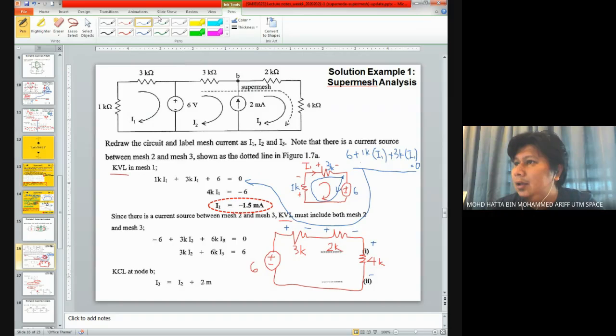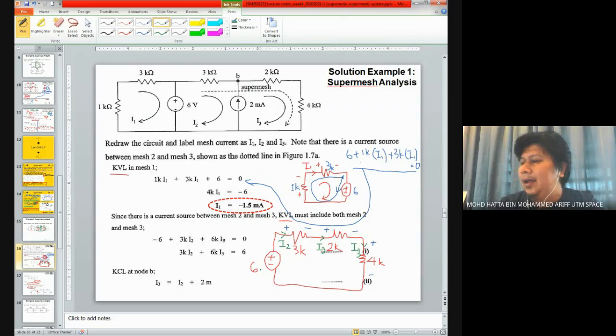Current flowing into this resistor is considered as I2, and current flowing through this resistor is considered as I3, and at this resistor also I3.